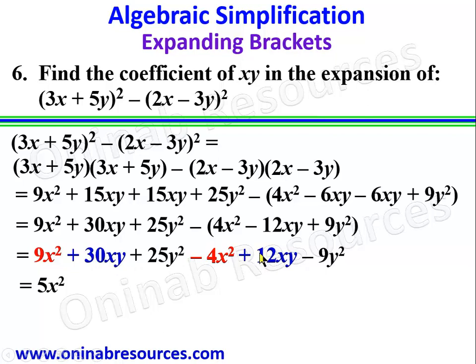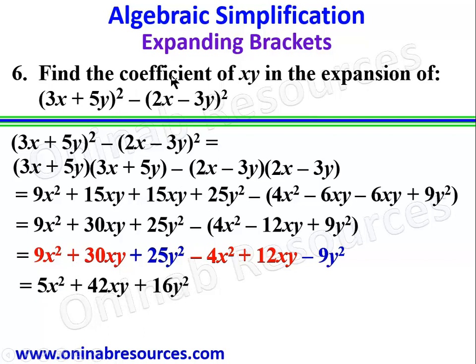So 30xy plus 12xy gives 42xy, and we are done with that. So we go to the remaining two terms that are like terms. That's 25y squared minus 9y squared. That will give us a positive 16y squared. And we are done expanding.